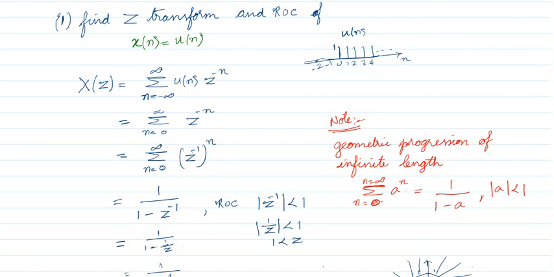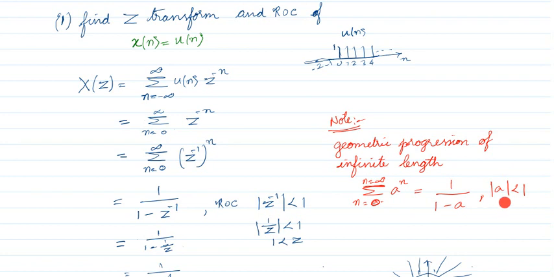And we know from our basic maths that for a geometric progression of infinite length, summation from 0 to infinity of a power n, I can write this as 1 by 1 minus a, provided the condition, which is very important, that magnitude of a should be less than 1. So you know this relation. Similarly, taking this as a, it is 1 by 1 minus a.